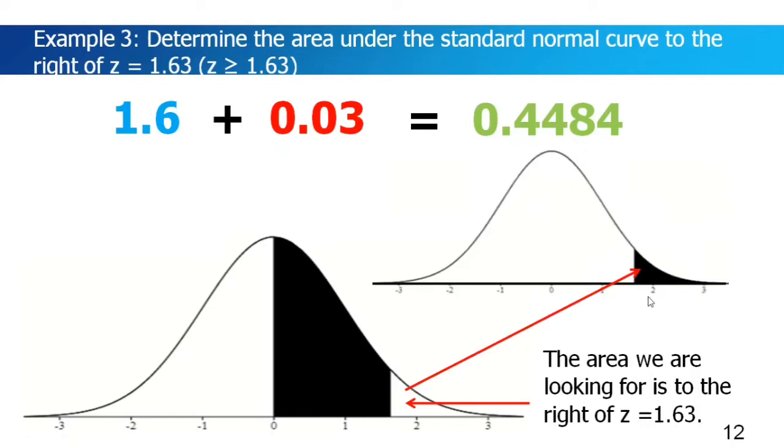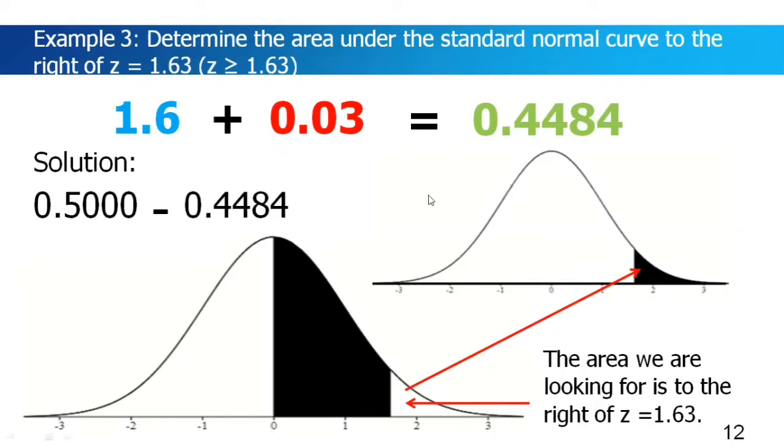So how do we find this area? Just simply subtract 0.4484, the area under z is equal to 1.63, from 0.500. Earlier, we mentioned that the area under our normal distribution curve is equal to 1, and half of that is 50%. So 50% is equal to 0.5.